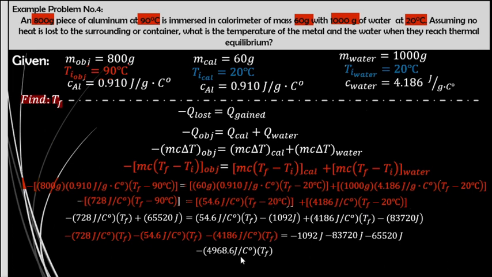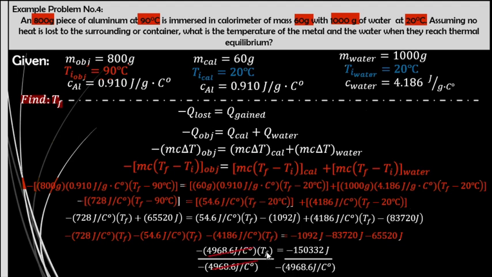The unit is joule per Celsius degree, and this is still multiplied by T sub F. Simplifying the right side of our equation, which is negative 1,092 minus 83,720 minus 65,520 will result to negative 150,332 joule. And since we're looking for T sub F, we can divide both sides by negative 4,968.6 joule per Celsius degree.